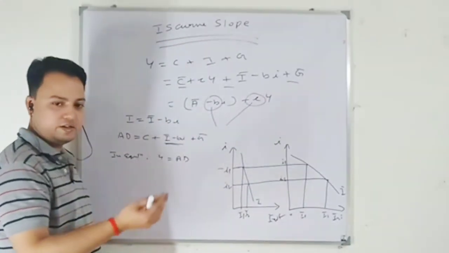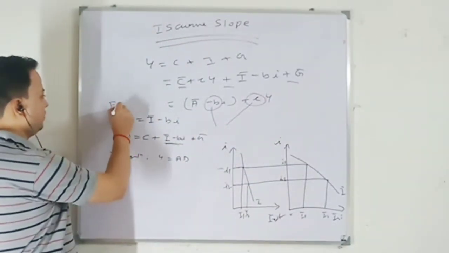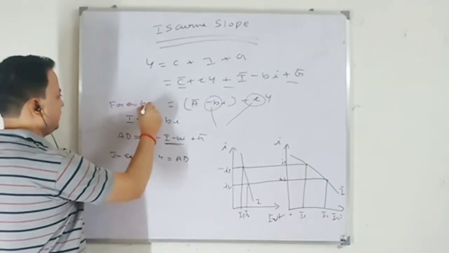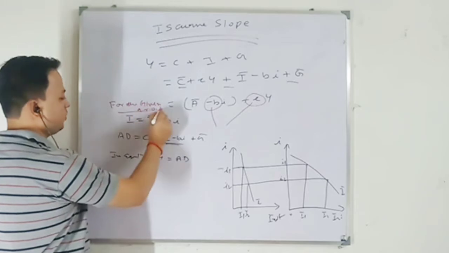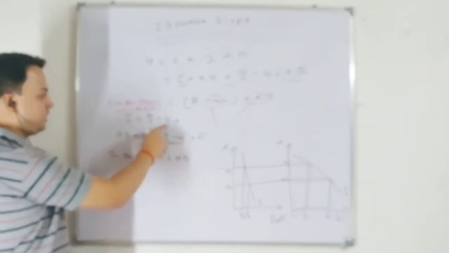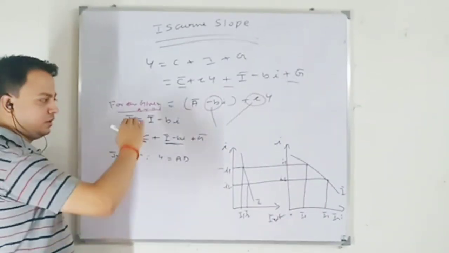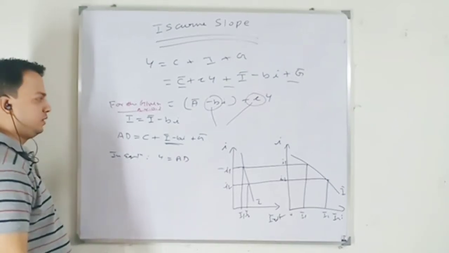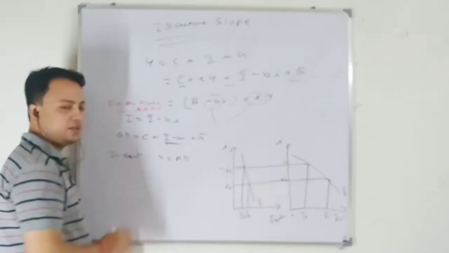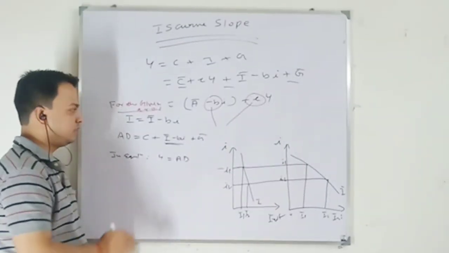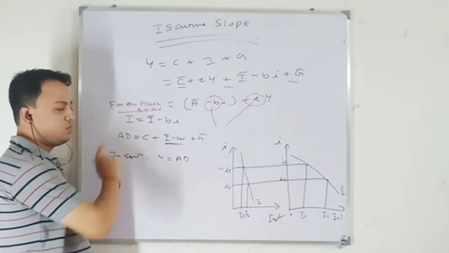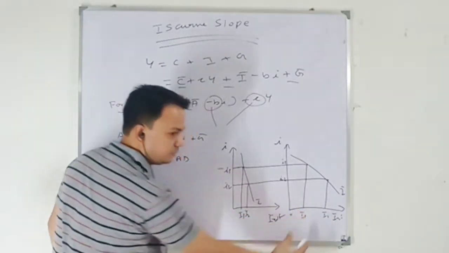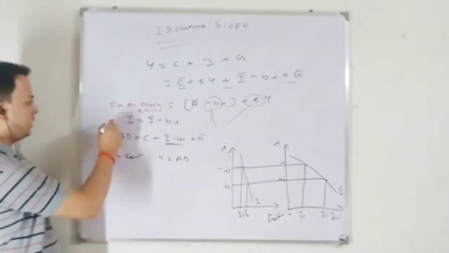For the given change in your rate of interest, I want to look at if responsiveness, this B term, is greater. That means your investment schedule is flatter. So when there is a change in rate of interest, if responsiveness is more, then the change of investment will be more. Okay, let's do that.